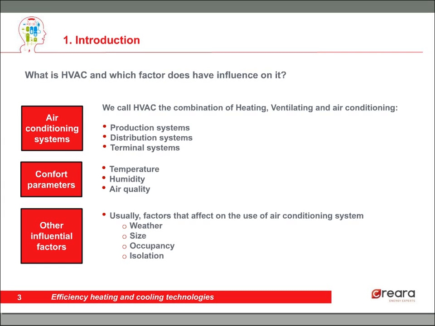And all of these, the HVAC, can be affected by comfort parameters such as temperature, humidity, or air quality, and also by other influential factors such as weather, size, occupancy, and insulation.